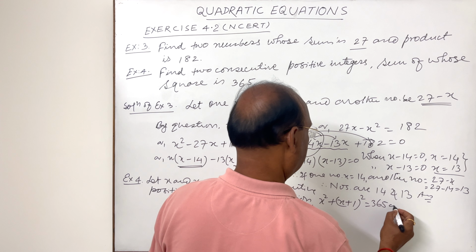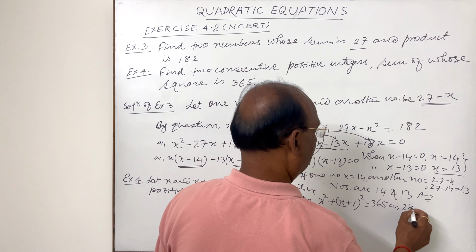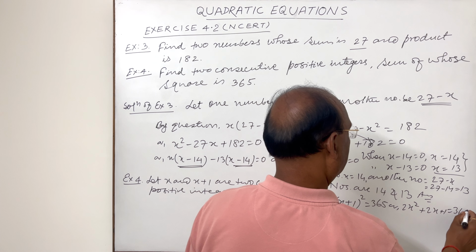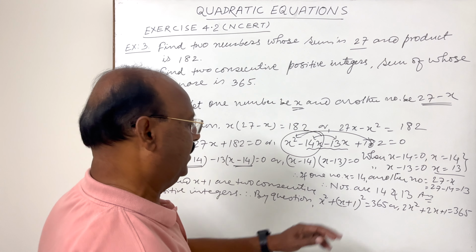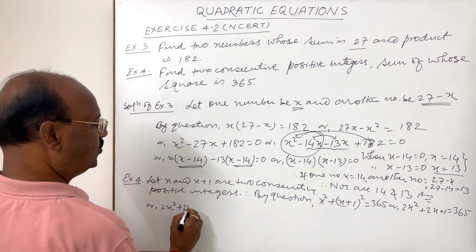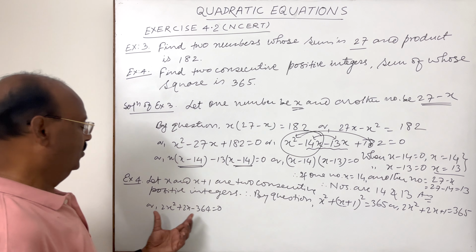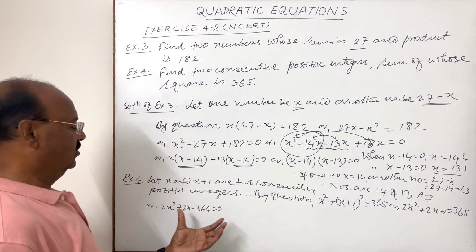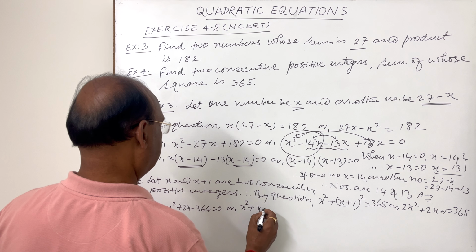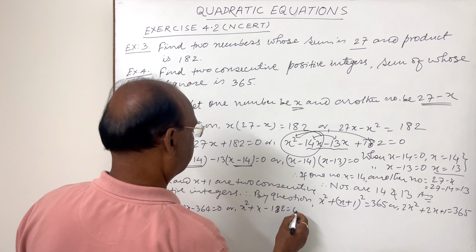Let us simplify it. We are getting here x square plus x square, 2x square plus 2x plus 1 is equal to 365. We will simplify it further: 2x square plus 2x minus 364 is equal to 0. 2 is common here, so dividing throughout by 2, we will get x square plus x minus 182 equal to 0.